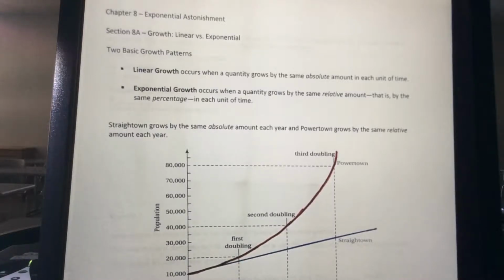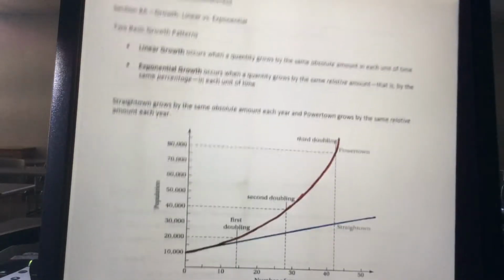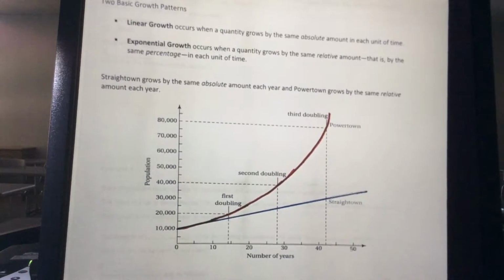So pretty much when you see a numerical value, and it's the same numerical value in each unit of time where it's growing, it's going to be linear growth. Now, if you see a percent and it increases over each unit of time by some percent, that will be exponential growth.